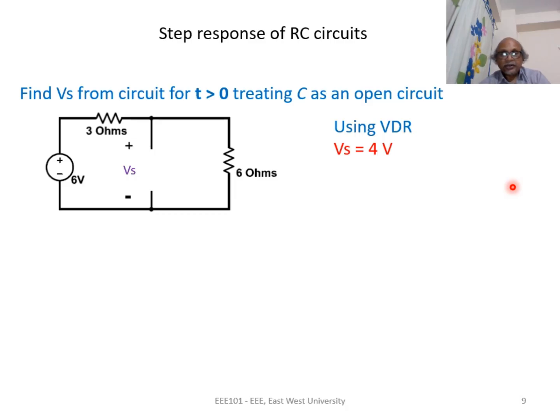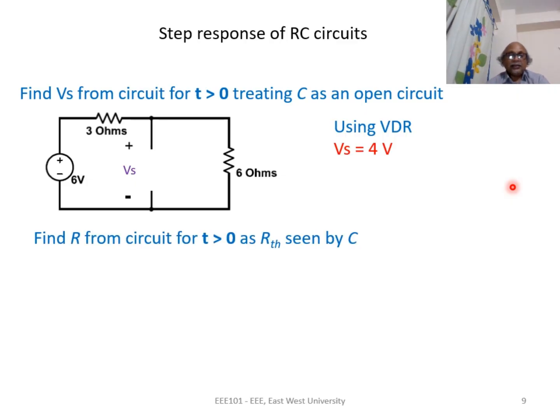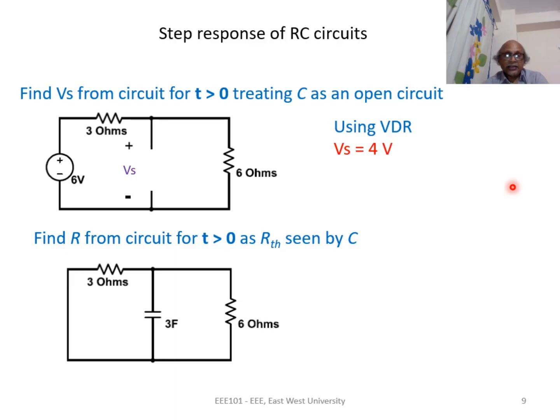Next, we determine tau. To find tau, we need R. R is the Thevenin's equivalent resistance in the circuit seen by C. In this circuit, between this node and this node, the equivalent resistance is RTh.